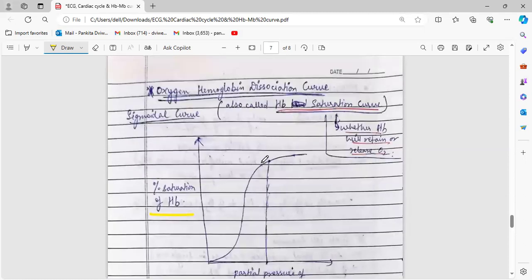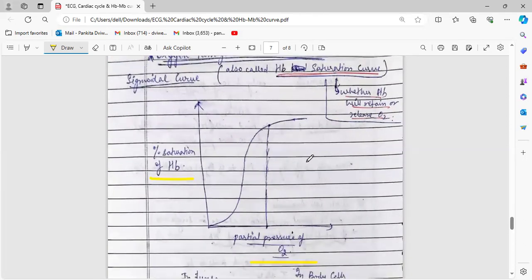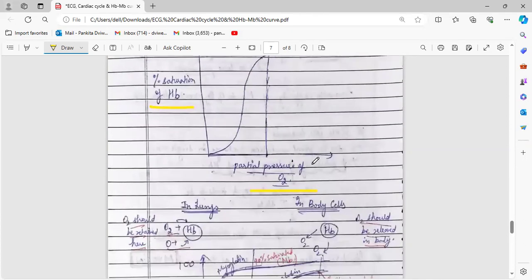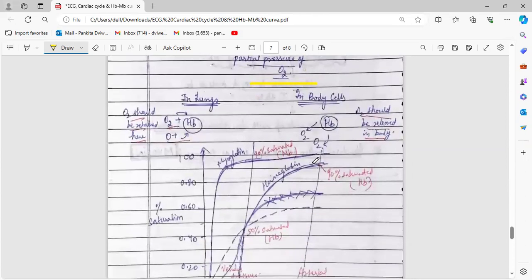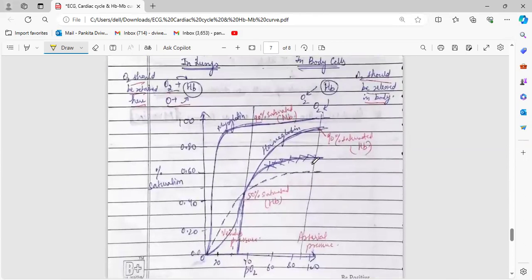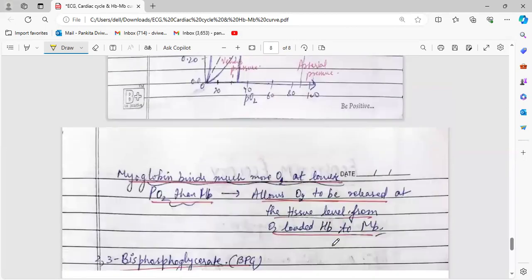This curve shows whether the hemoglobin will retain or release oxygen. So in lungs, oxygen should be retained, and in the body, oxygen should be released by the hemoglobin. This is what the graph shows.